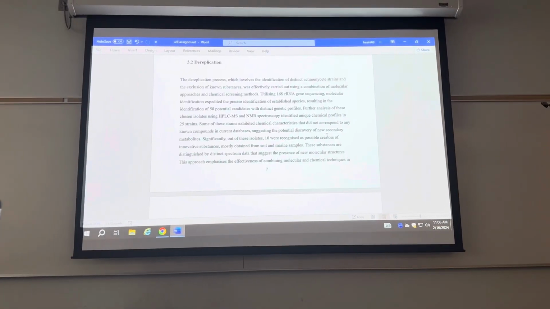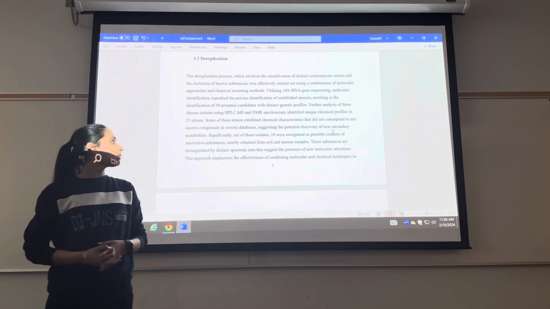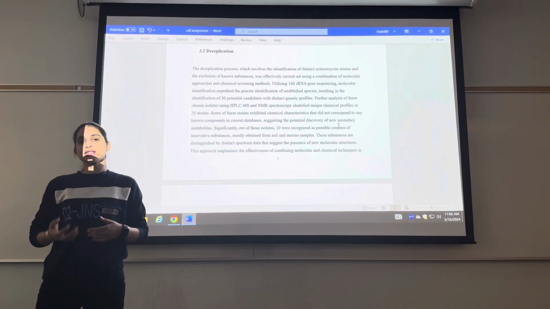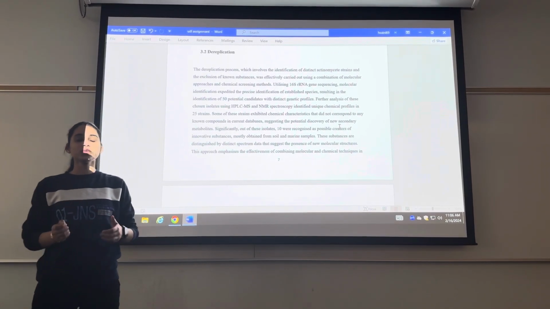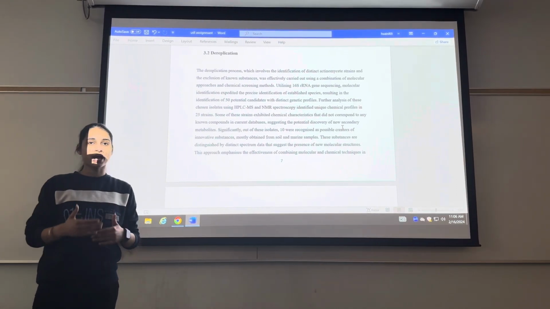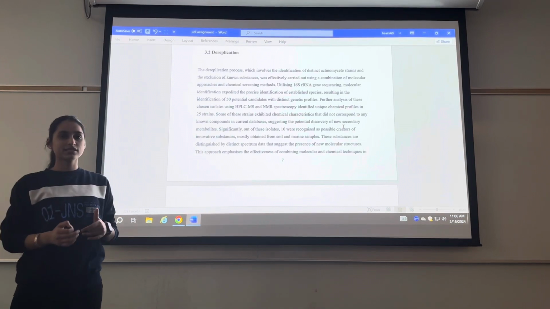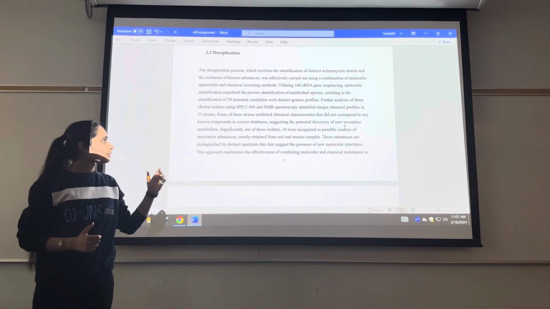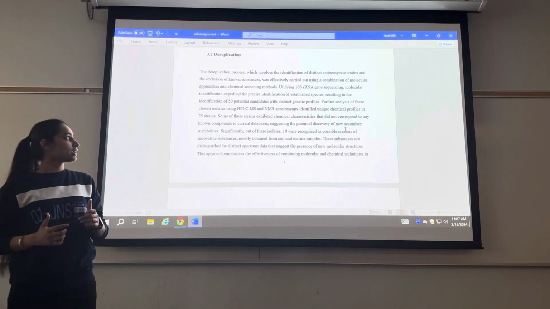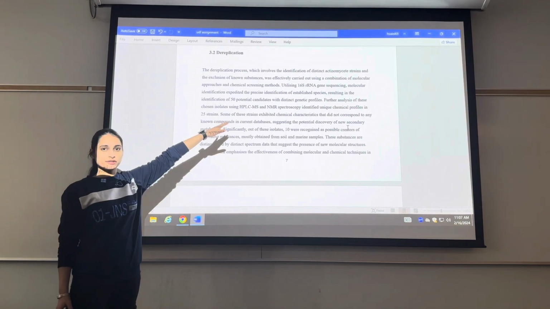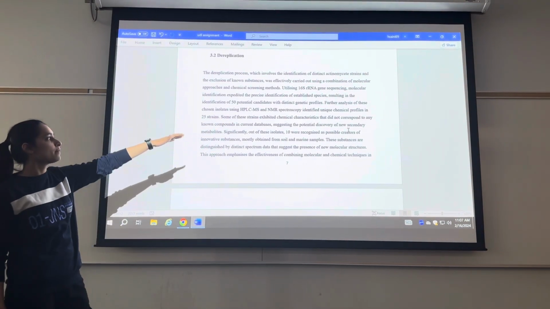So now we are going to discuss dereplication strategies. In the dereplication process, as I discussed earlier, we use the 16S rRNA gene sequencing method, and after that the chemical HPLC, MS and NMR spectroscopy methods. When we did 16S rRNA gene sequencing, we got 50 potential candidates with distinct genus species.